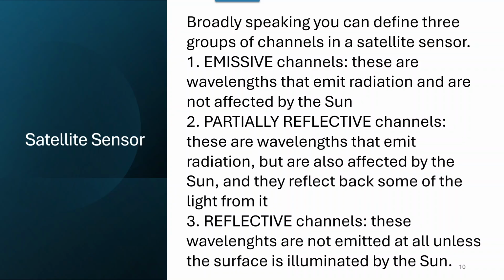These are wavelengths that emit radiation but are also affected by the sun, and they reflect back some of the light from it. And the third one is reflective channels. These wavelengths are not emitted at all unless the surface is illuminated by the sun.